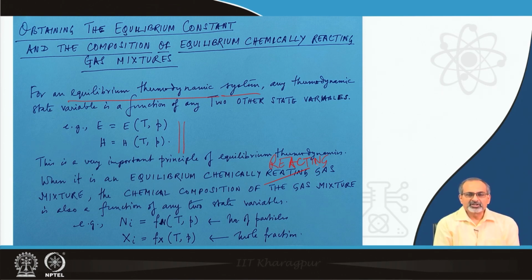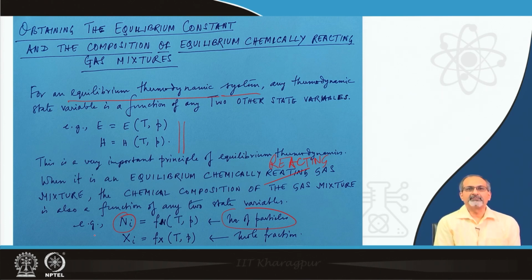we have a gas mixture. The chemical composition of the gas mixture is also a function of any two state variables. So, we talk about different parameters which can help us define the contents of the different species in the gas mixture. It may be the number of particles, for example, which is dependent on two state variables.